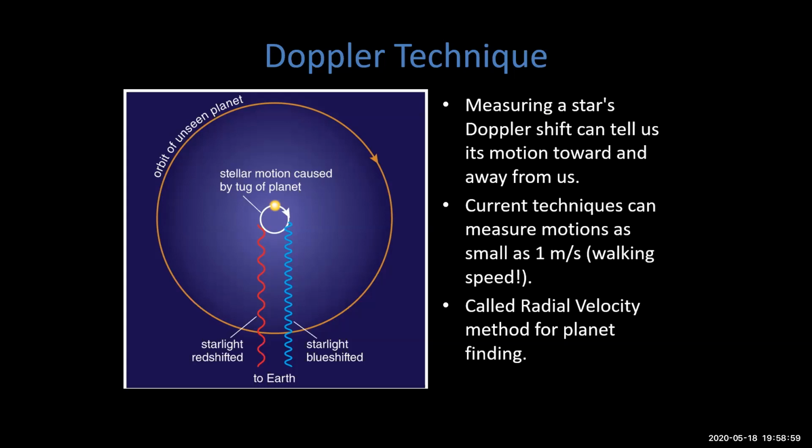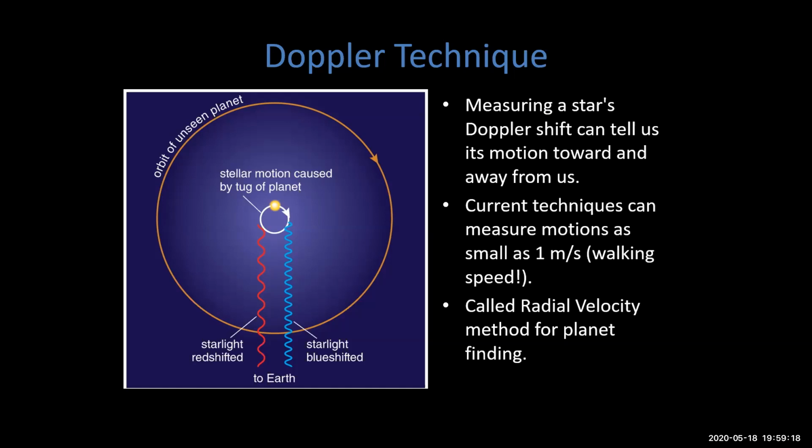Because the star is made up of certain chemicals, it has an absorption spectrum or an emission spectrum.